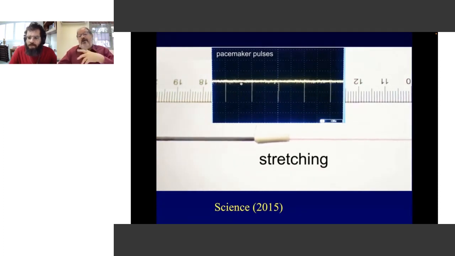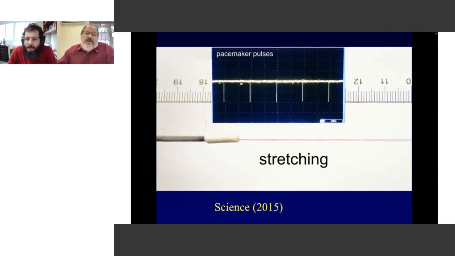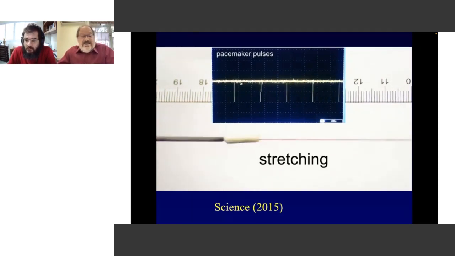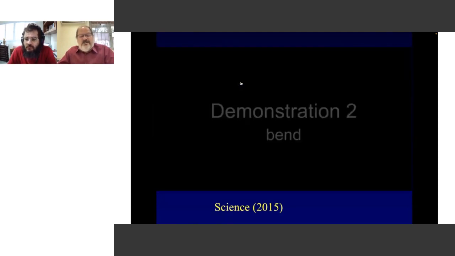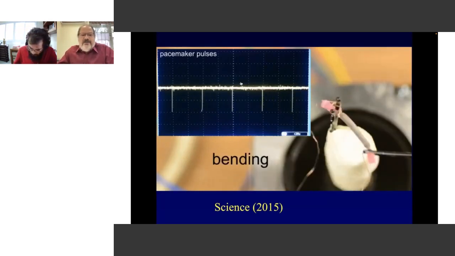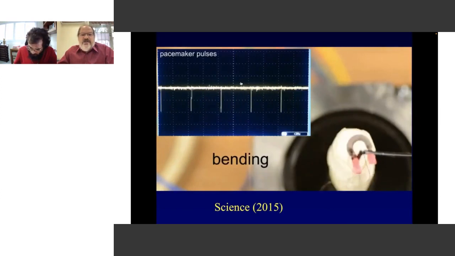That's a little surprising, because if you remember from the earlier lecture, if I change the cross-section of a conductor, the conductivity should change. What you observe here is that it does not change. Doesn't matter what you do, the conductivity does not change.